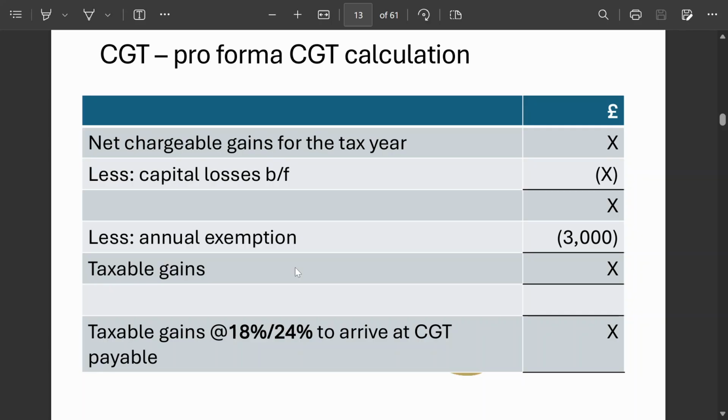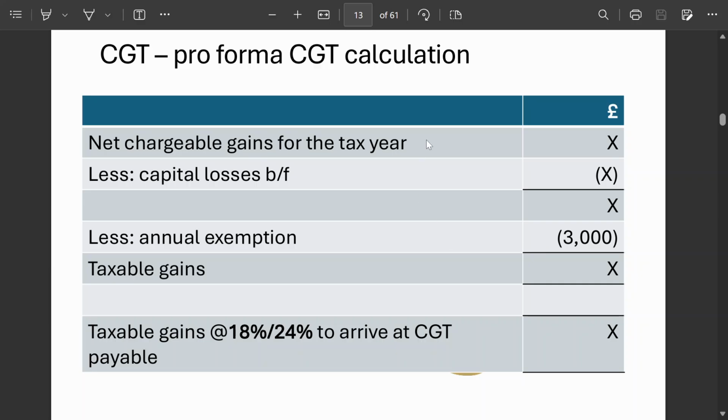Now this is your high level calculation, which takes the final total from each of the asset boxes and you add up all of them. There might be some losses, so the net total will be less. You add up all of them, you get the net chargeable gains for the tax year. From there you deduct the capital losses brought forward. Then you deduct the annual exemption.